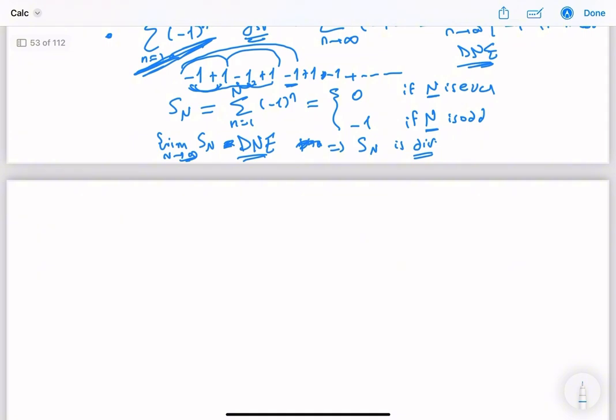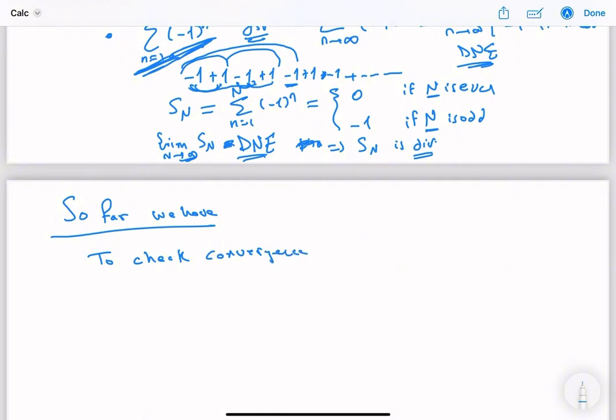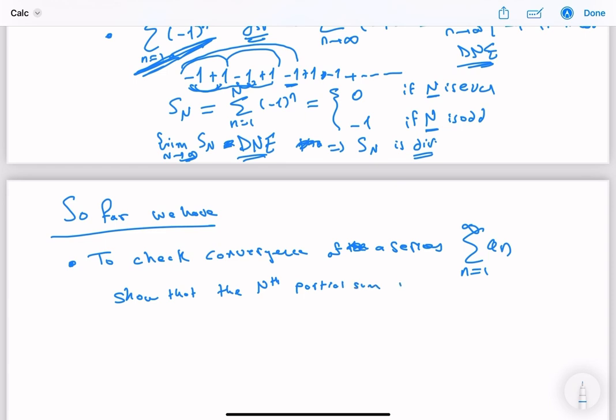Alright, so let us recap what we have so far. To check convergence of a series, let's say the sum of an from n equals 1 to infinity, show that the nth partial sum is convergent.